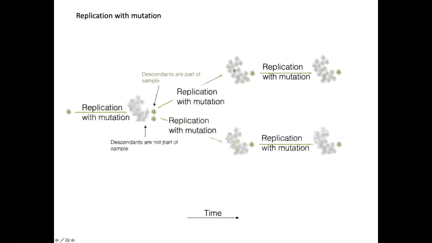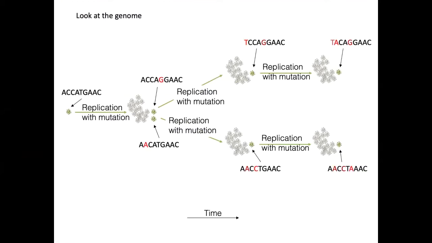So if I redraw the diagram, the biological diagram, throughout my 6 days, in this case I have the virus replicating, and every time, as I mentioned, the descendants acquire some additional mutations. So if I imagine the genome, this is a very short genome, of my ancestral virus, and it's got 9 base pairs here, and this is the genetic code for it, ACC, ATG, AAC.